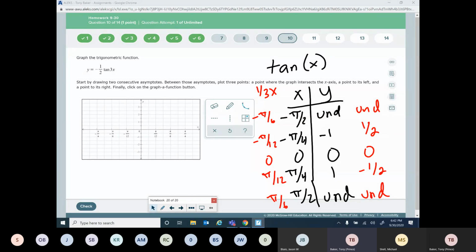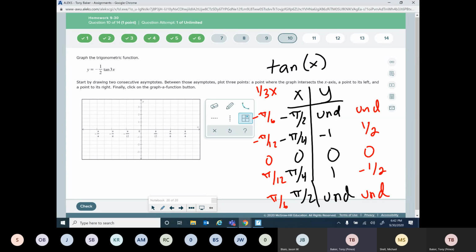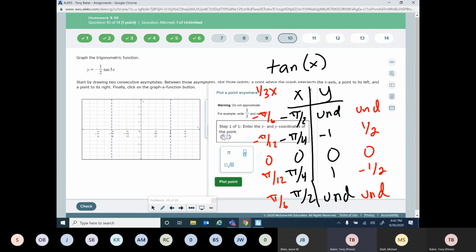So we will graph this one because I want to show you how to graph it. So when we're doing these, I would plot all the points. You can't obviously plot the asymptotes. So we're going to grab my asymptote. It's a vertical asymptote, and it's at negative pi over 6. And then my next one's at pi over 6. So those are my two vertical asymptotes. And now we're going to graph my other points.